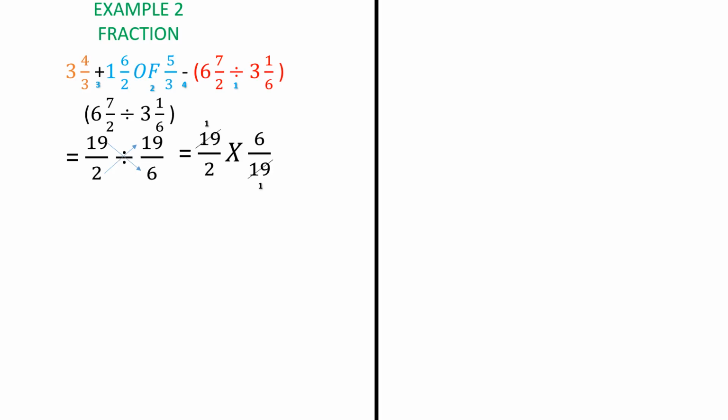So we are going to end up having 6 divided by 2, which is equal to, if we still break it down, I said always try to simplify to avoid big numbers. If we break down 6 divided by 2, we are going to have 3 divided by 1.